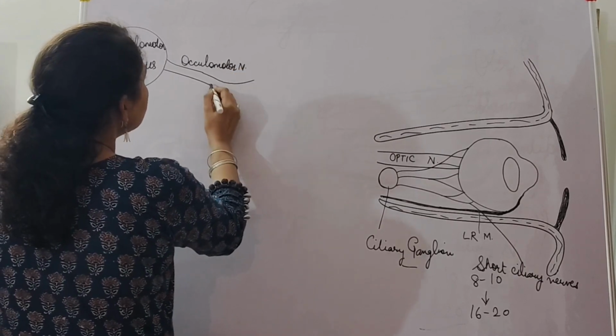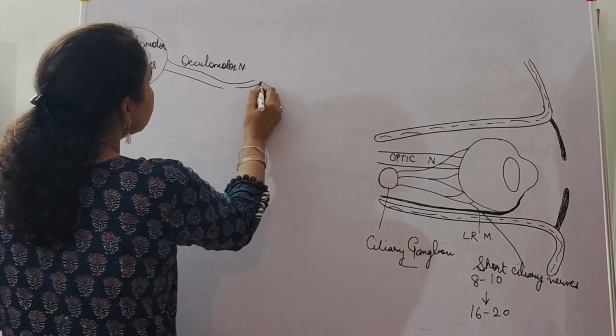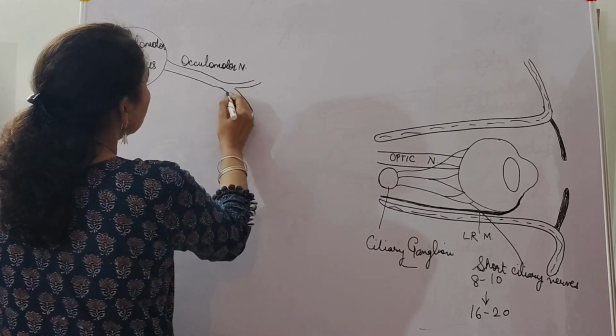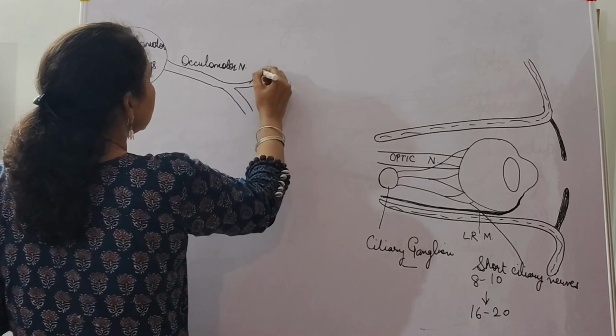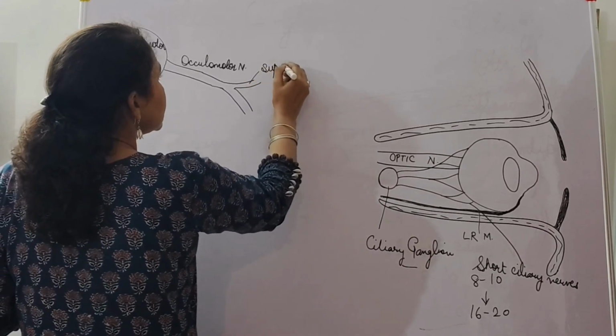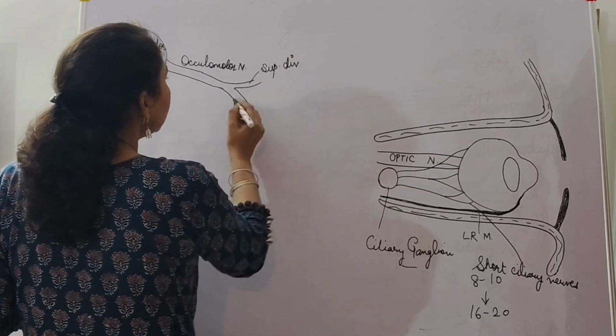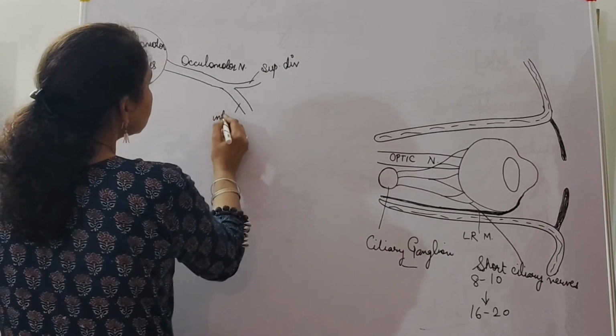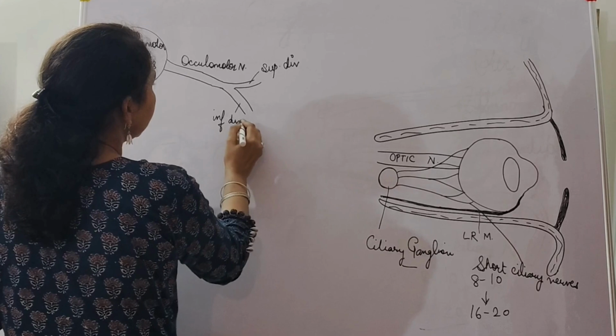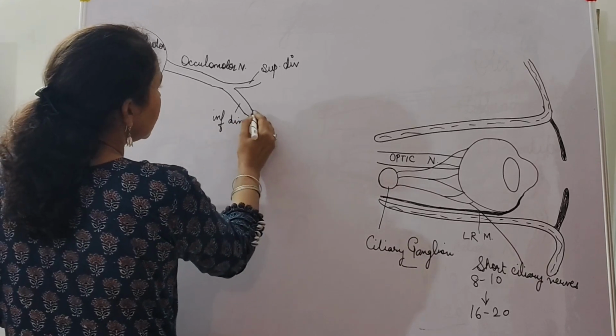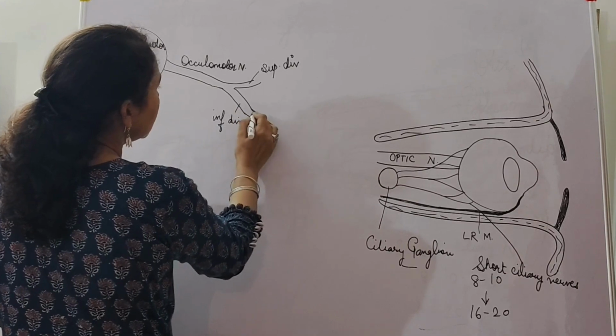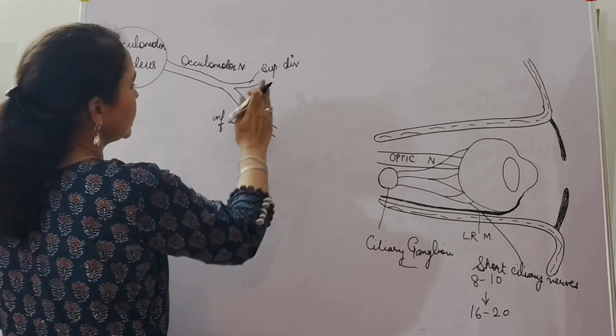Now oculomotor nerve will divide into two. One is the superior division. It is easy to draw, and try to label all the structures as you draw them. Then the inferior division. We will not talk about the superior division here.